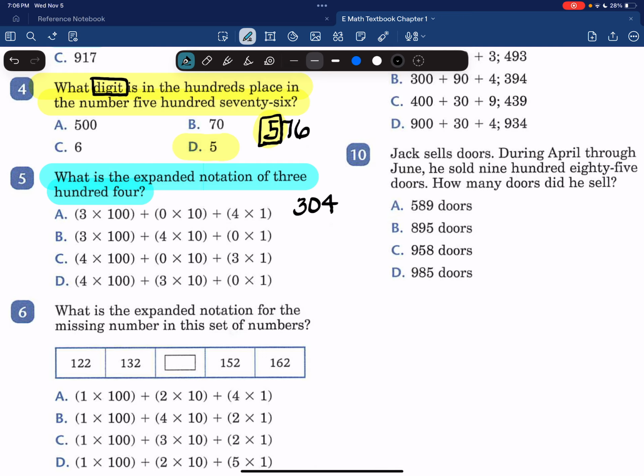I know that I need 3 in the hundreds place, so I can eliminate C that has a 4 and D that has a 4. So it has to be A or B. 3 in the hundreds place, 0 in the tens place, and 4 in the ones place. So the answer is A.